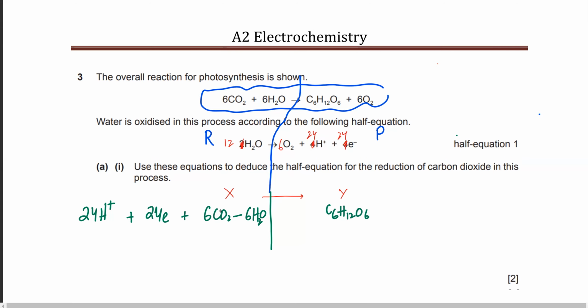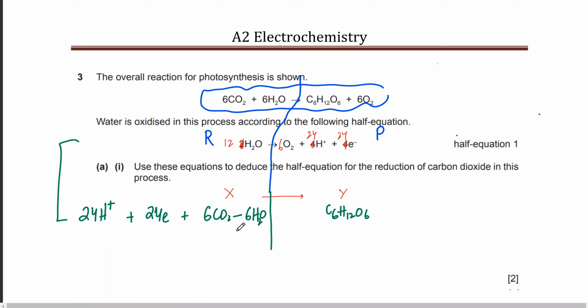Only then would the two equations add up to give me 6 H2Os, like 12 water molecules minus 6 H2Os. The reactants of these two equations are going to be added up, and that would give you your overall equation. So I need to remove 6 water molecules.